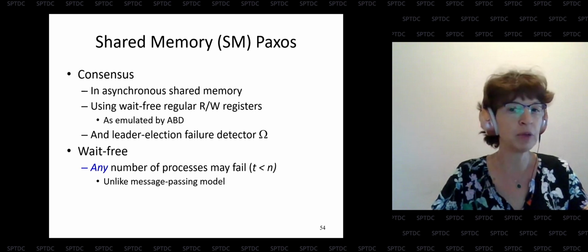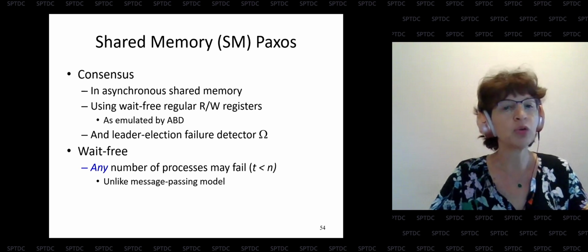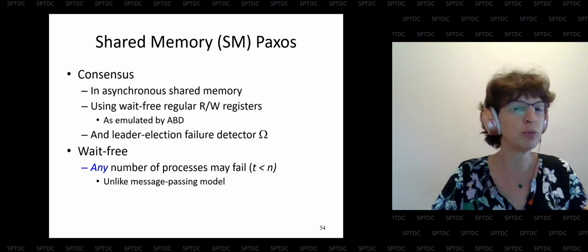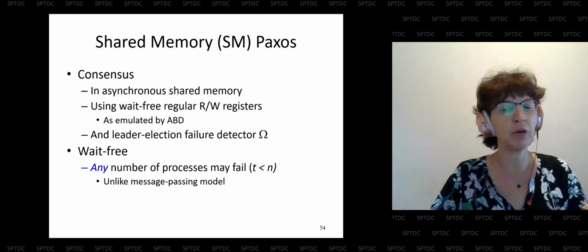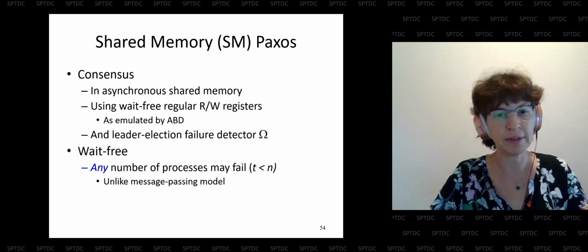Once we assume that we have this Omega failure detector that ensures the leader is unique, we're going to solve consensus between any number of processes. So it's not going to tolerate just a minority of failures, it's going to tolerate all the way up to n-1 failures. As long as we have one correct process, that process will be able to make progress.